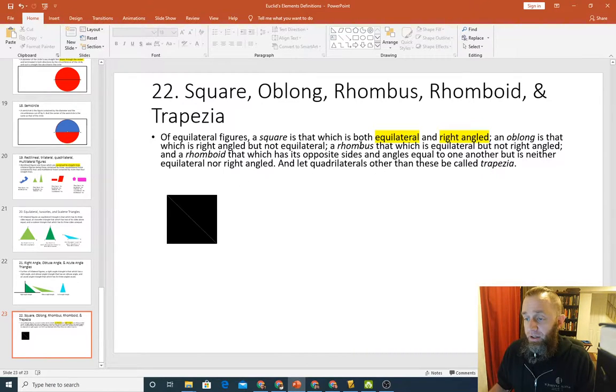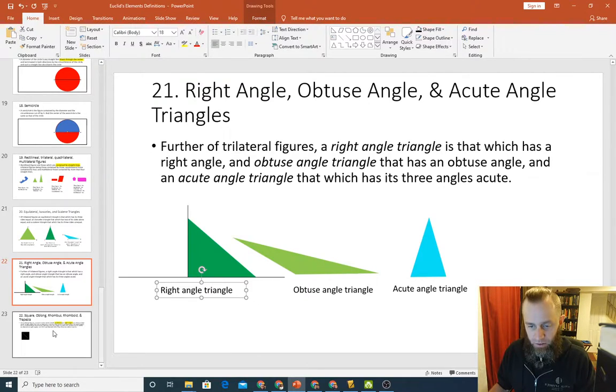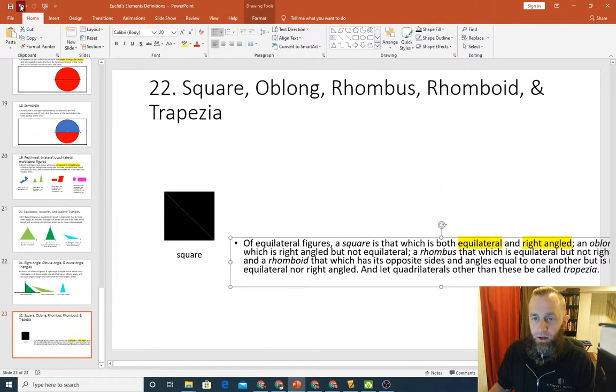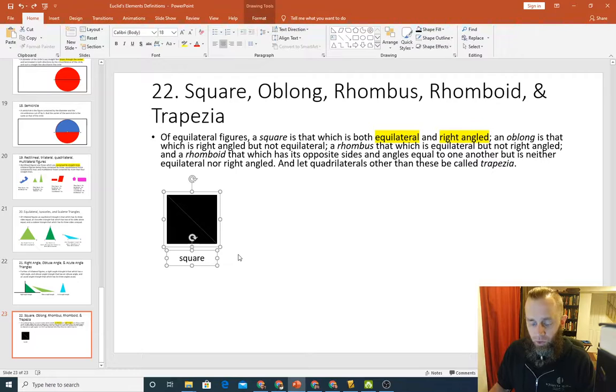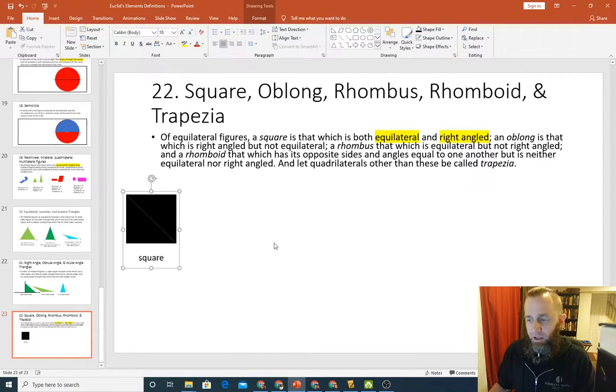Oh, okay, so that is a square. And let's go ahead and put our definition terms here. So this is a square. Let's go ahead and group those and move that as far over here as I can so I have space for everything.